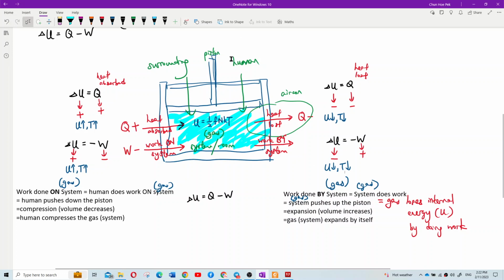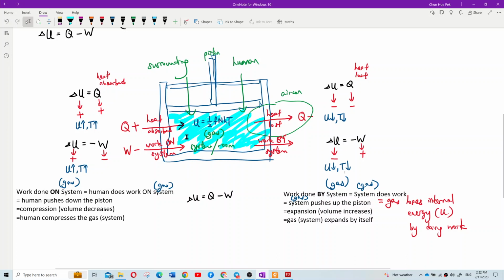If the gas does any work, the gas loses internal energy. When the gas loses internal energy, the temperature of the gas will decrease. It becomes cold.